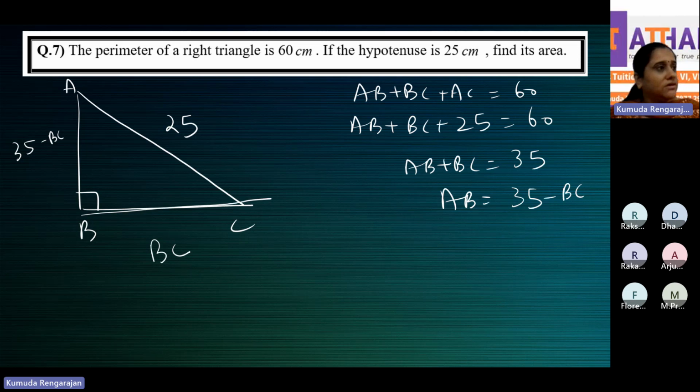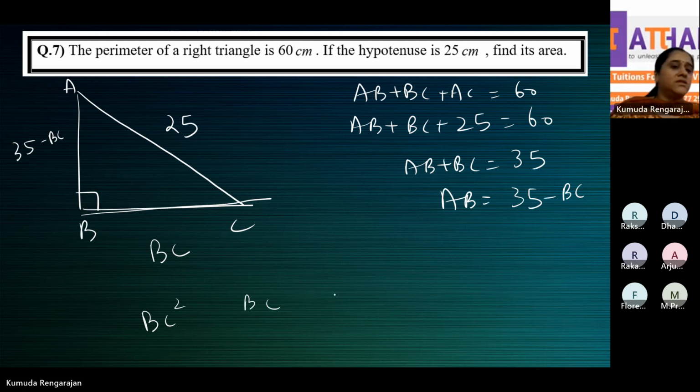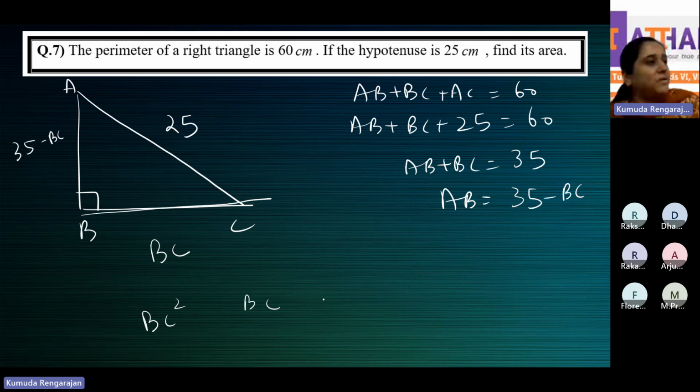BC is BC, and AB is 35 minus BC. So you'll get a quadratic equation in B square and BC, with a B square term, one BC term, and the constant. But don't do it like this, because you have to show a quadratic equation in variable X or variable Y or some variable.